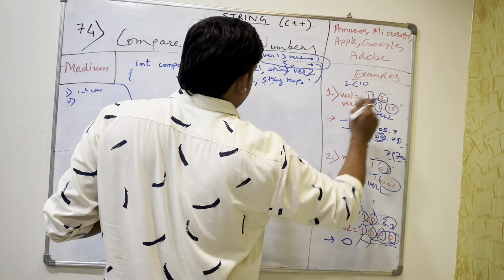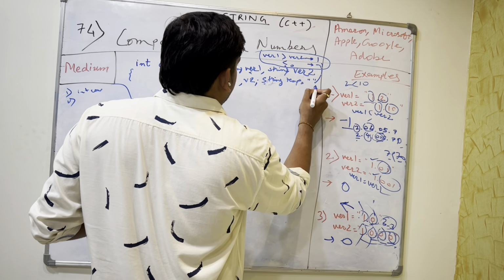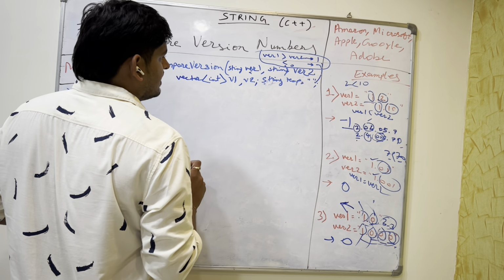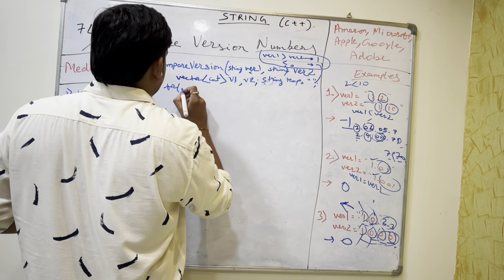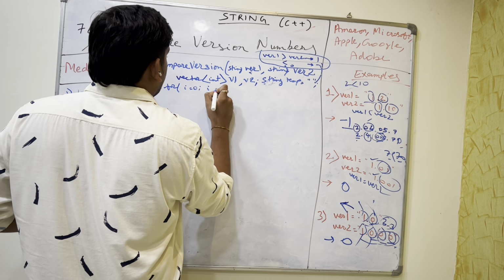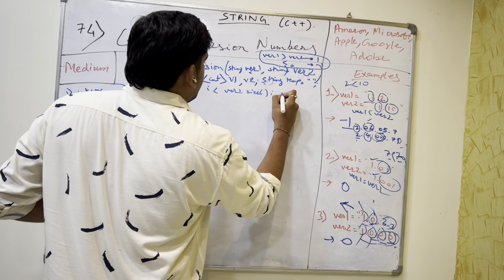Because it could be multiple numbers before the decimals. Okay, so string temp is empty, and then let's go through this array. So for int i equal to 0, i less than ver1.size(), i plus plus.